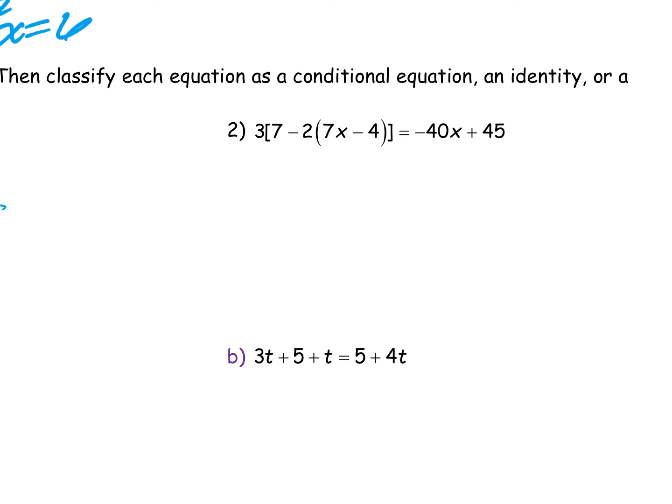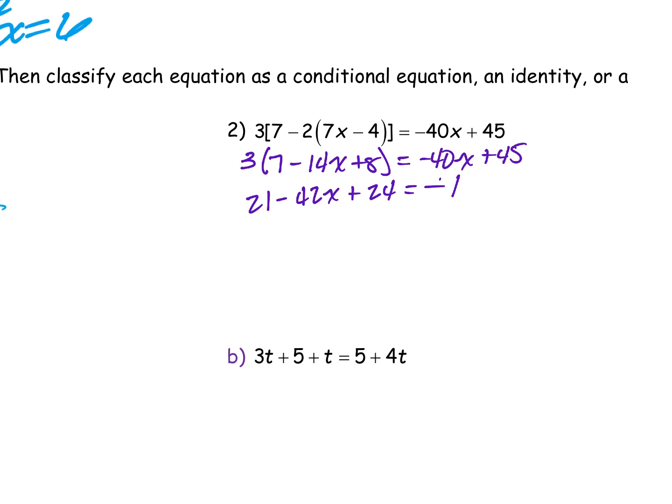Okay, so I'm going to distribute this. This is 3 times 7 minus 14x plus 8 equals negative 40x plus 45. Distribute again. 21 minus 42x plus 24 equals negative 40x plus 45.